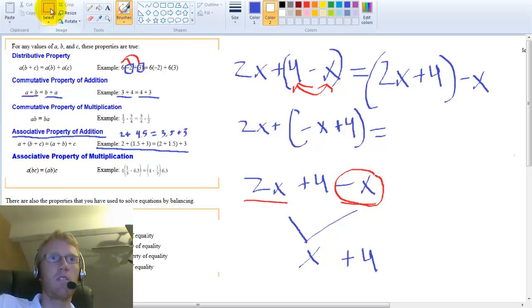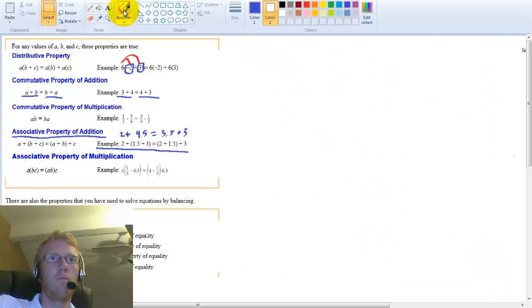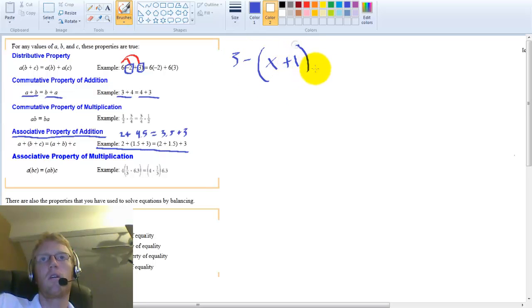So let me make a final little notice here, highlighting the difference. If you have 3 minus parentheses x plus 1, the way to do this is distribute the negative 1.